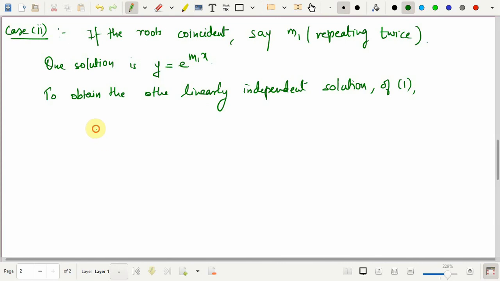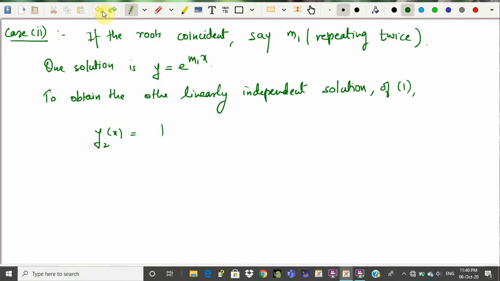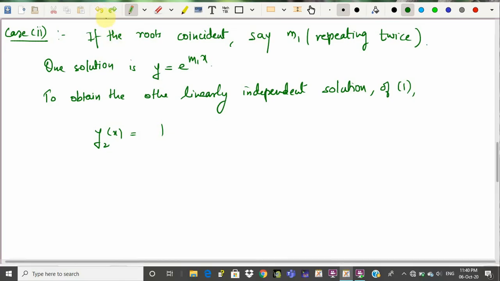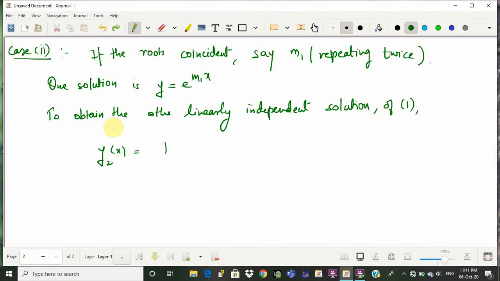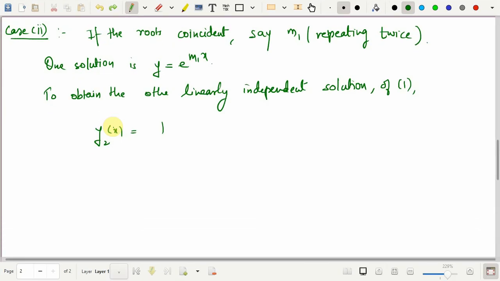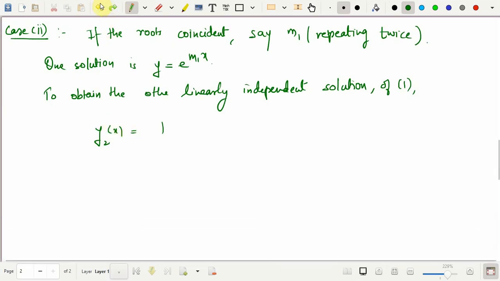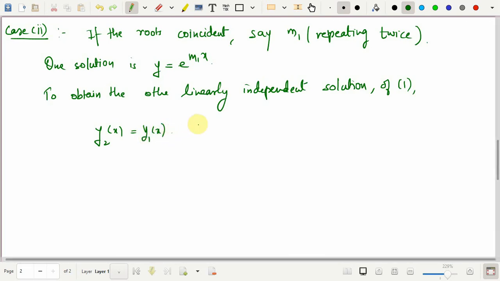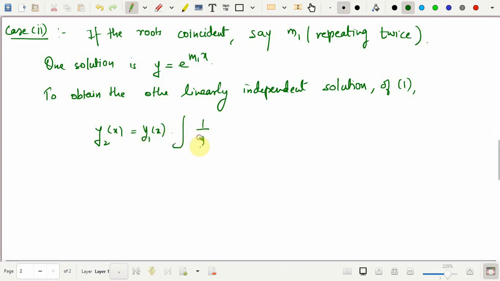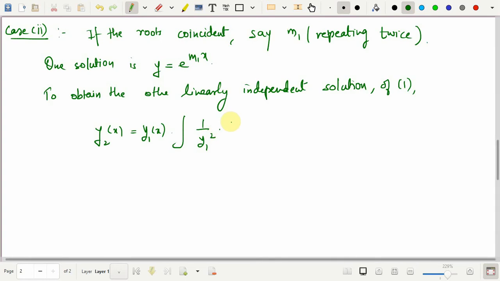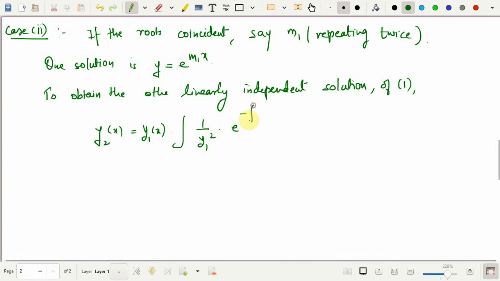What we do is that we take y2 of x, if you remember the formula, it is y1 into something, so this is the same as y1 of x into integral of 1 upon y1 square into e raised to integral of minus p of x dx.